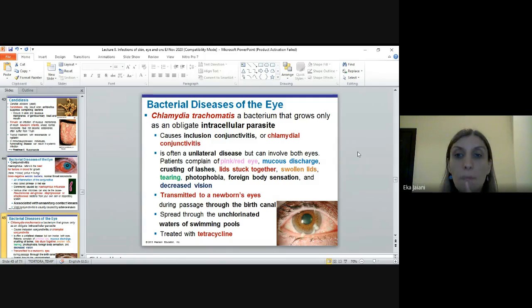Chlamydial conjunctivitis can be severe, and we see the symptoms on the picture and listed here.